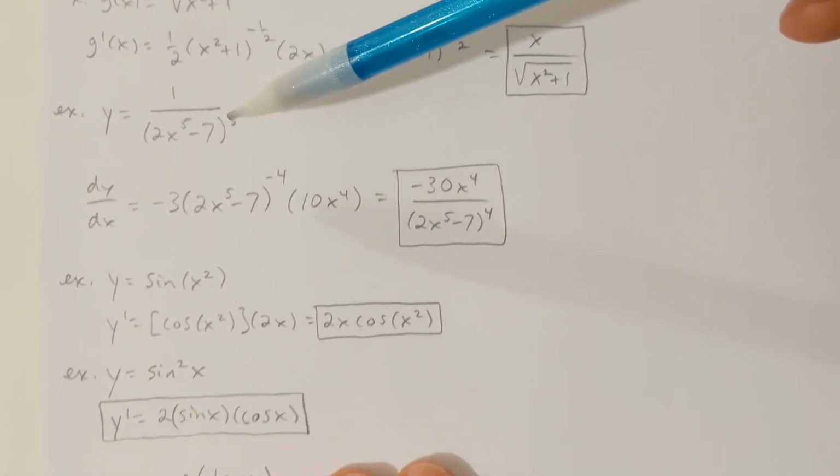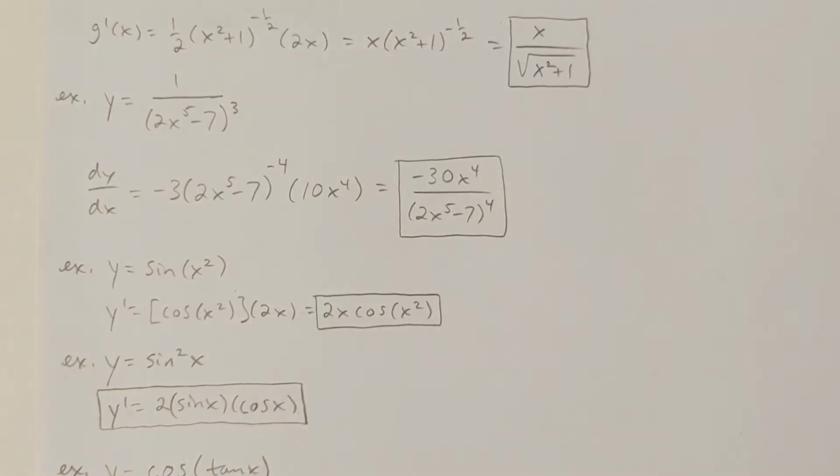Okay, here's another example. y equals 1 divided by (2x^5 - 7) cubed. Well, there are a couple of different options I could use in a problem like this. I could use the quotient rule, but then I would need a chain rule inside of the quotient rule.